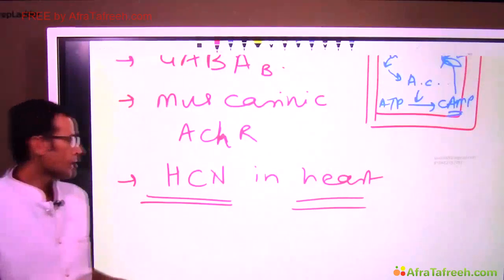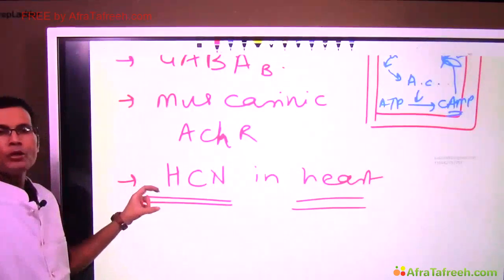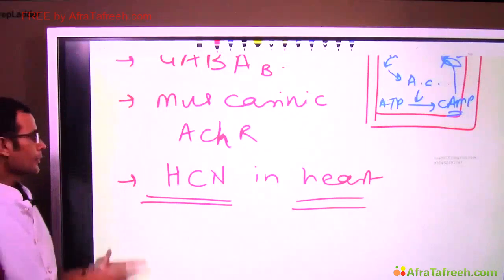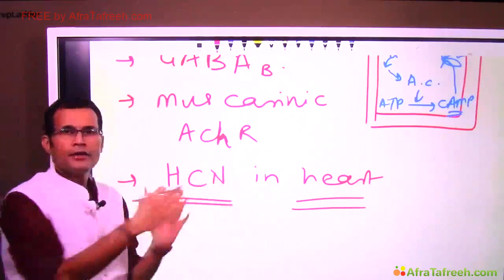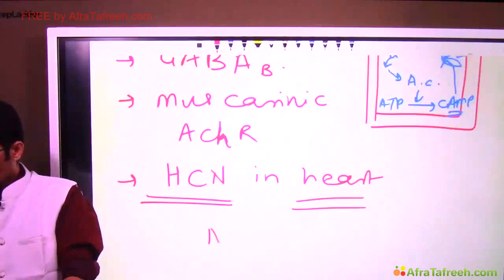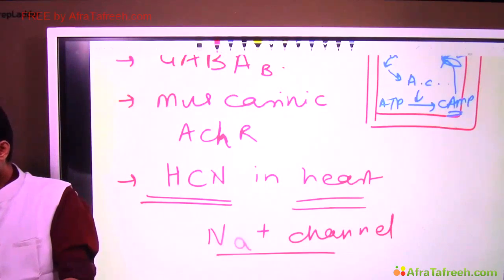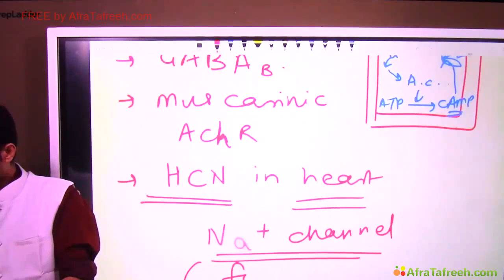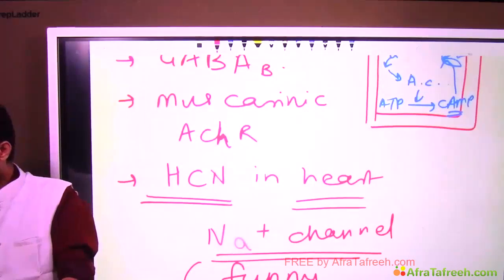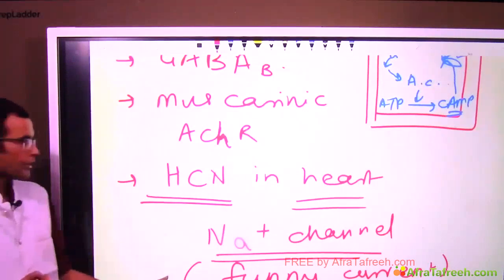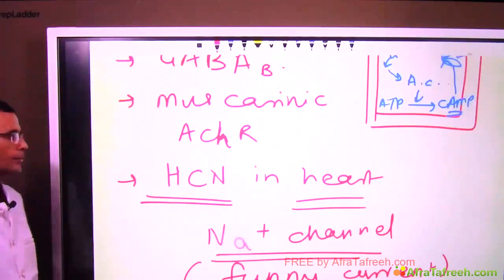This is called hyperpolarization activated cyclic nucleotide gated. It is a sodium channel, and it has sometimes been called a funny channel, or the current of sodium happening through it has been described as a funny current.